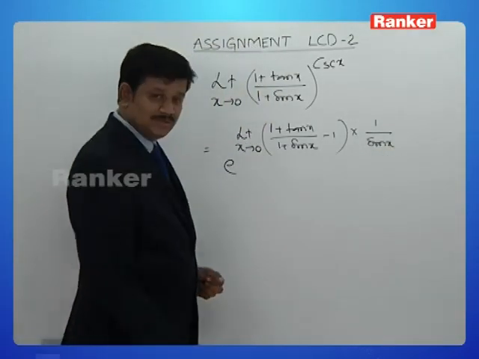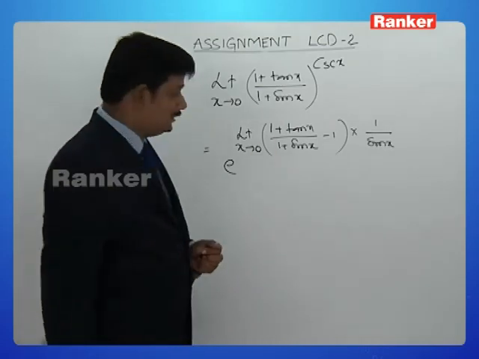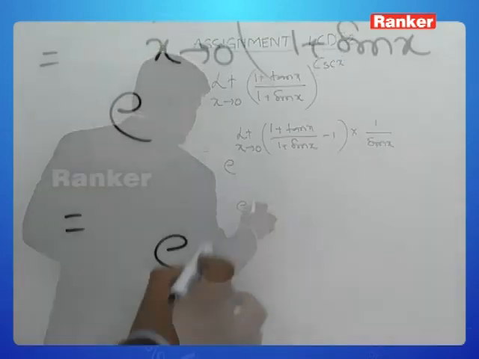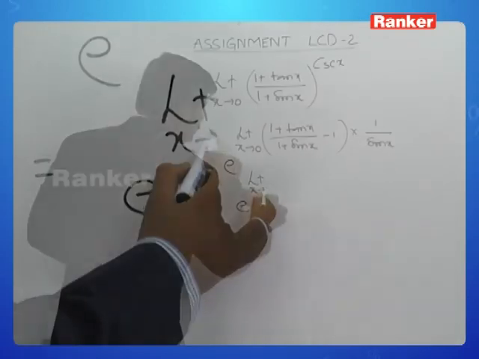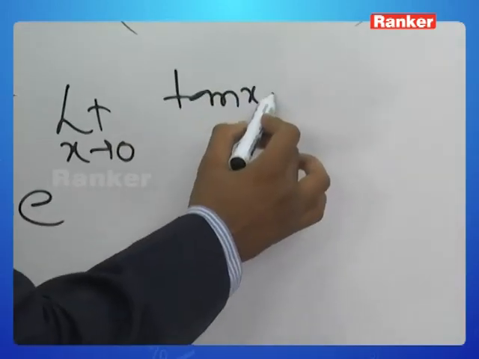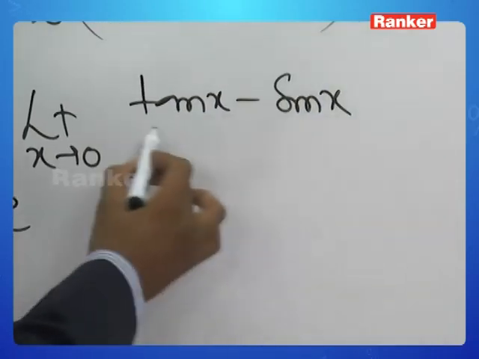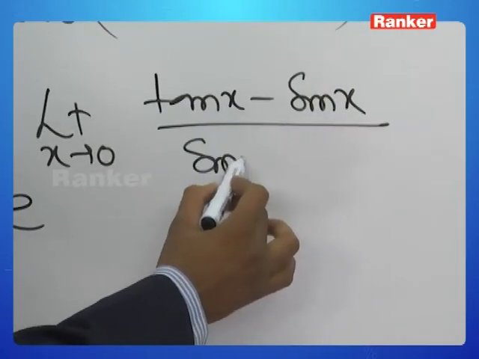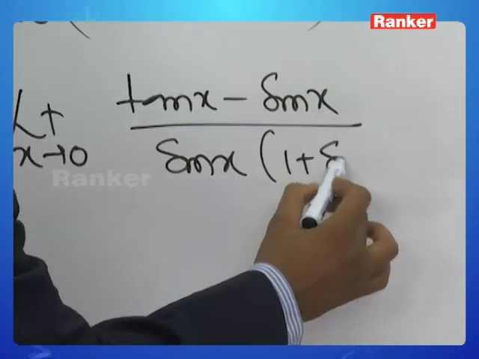Now, let us look at the difference. 1 and 1 get cancelled. This is e power limit x tending to 0 tan x minus sin x divided by sin x into 1 plus sin x.